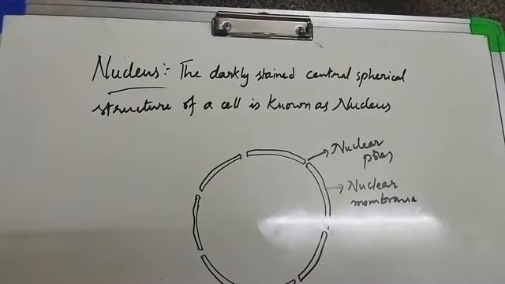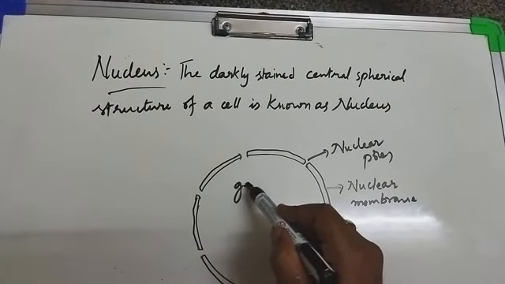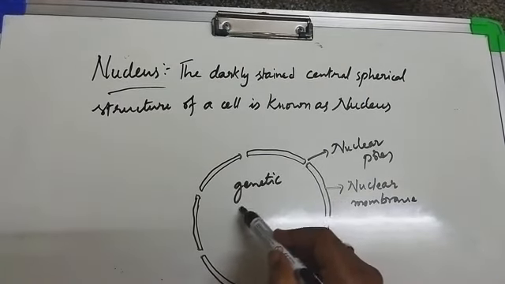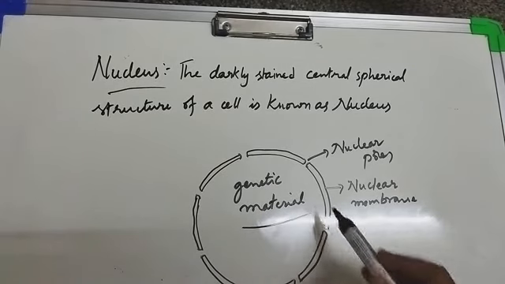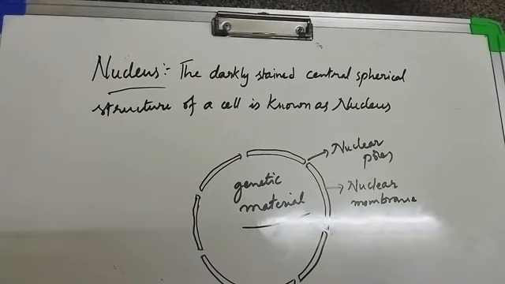This genetic material is present in two different forms based on the phase of the cell.